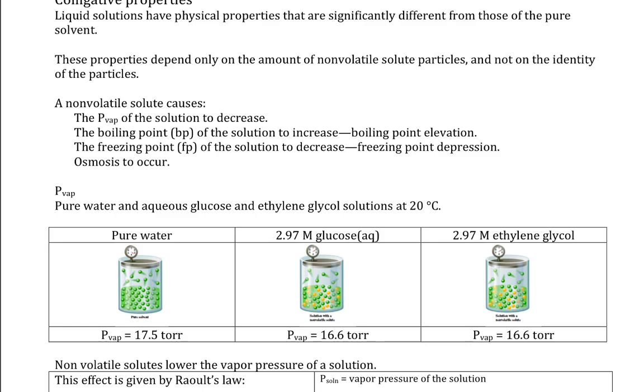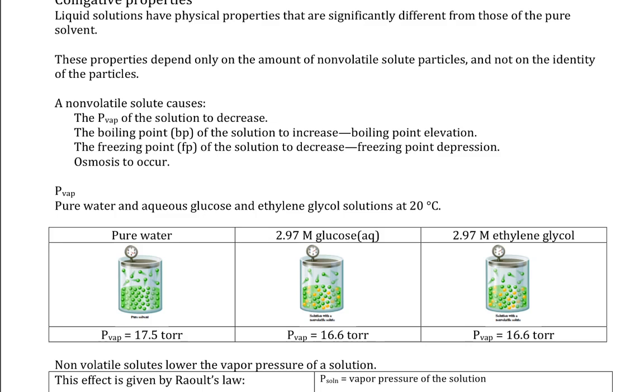A non-volatile solute, so that would be one that does not readily evaporate, causes the vapor pressure of the solution to decrease, the boiling point of the solution to increase, and that's called boiling point elevation, the freezing point of the solution to decrease.